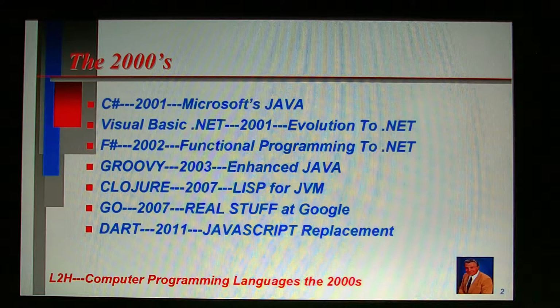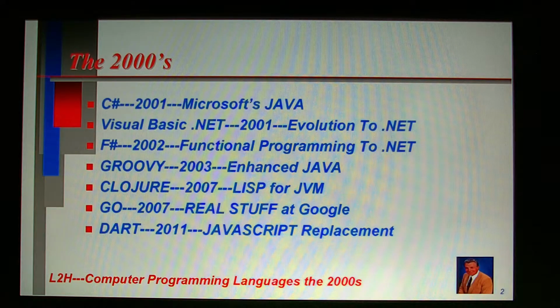Likewise, Clojure took the Lisp computer programming language features, extended these features by developing a language for the Java computer platform. As such, many refer to Clojure as an enhanced Lisp computer programming language for the Java virtual machine.